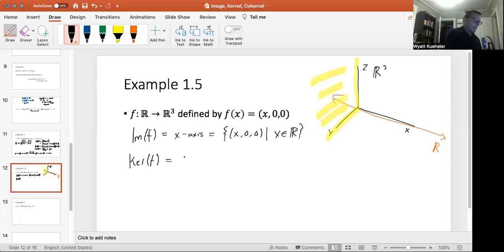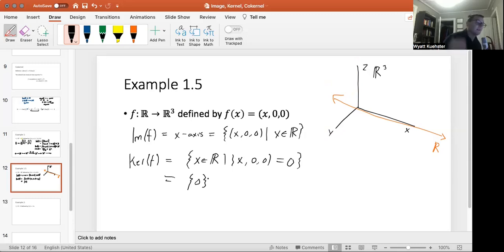Oh wait, sorry, no, my bad. Let me write it out. These are the x in R such that (x, 0, 0) equals 0. The only one of these is 0. So this is an injective map, which it should be because it's an inclusion of a subspace into a bigger vector space.